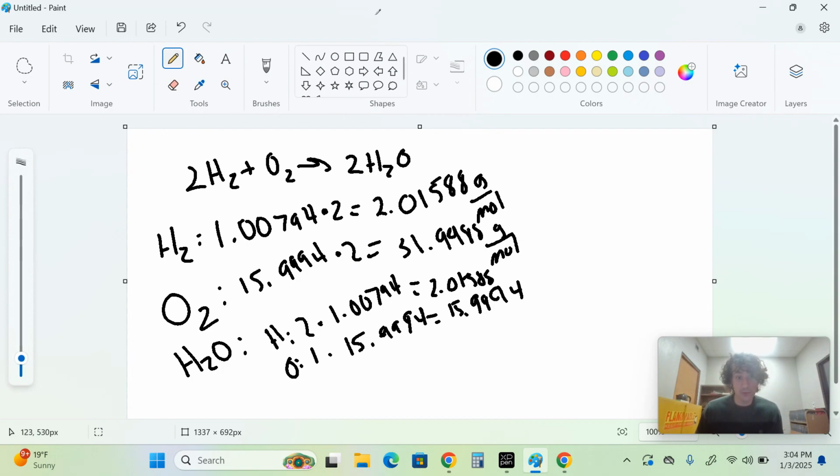And you say, okay, what do I do with those numbers? Well, they're all together, right? 2 hydrogens, 1 oxygen bonded together, which means I better take these numbers, these molar masses, and add them together. And what do I get? Well, let's find out. It's going to be about 18, right?